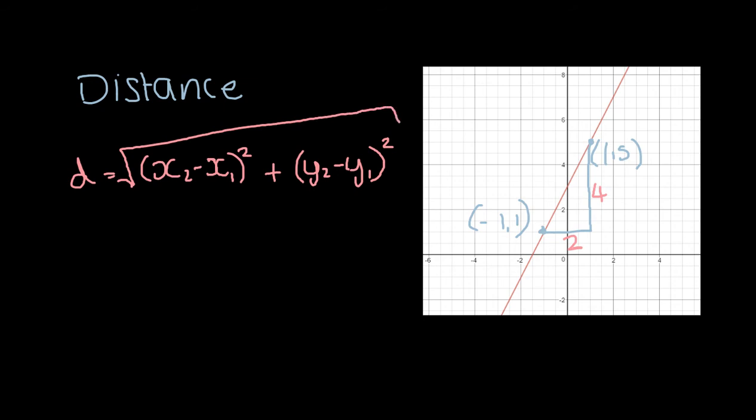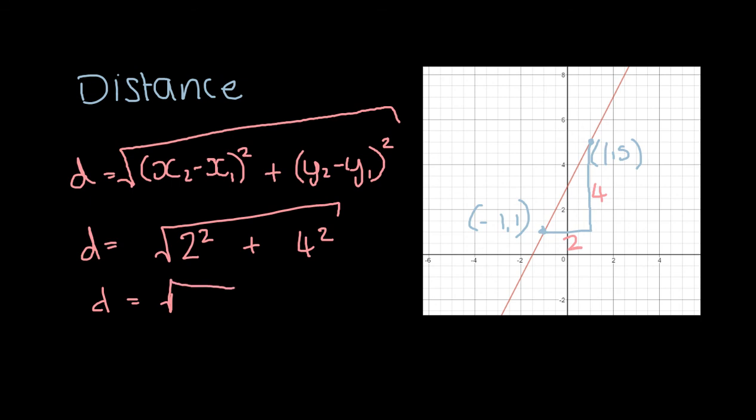So in this case, x2 minus x1 is 2, so do 2 squared. y2 minus y1 is 4, so do 4 squared, and we'll square root our answer. So d is the square root of 4 plus 16, which is the square root of 20, and I can sort that out using what I know about surds to be 2 square root 5.